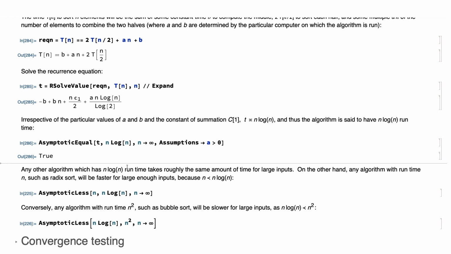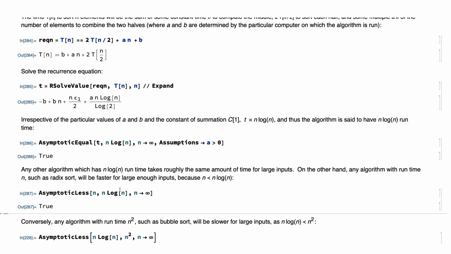So we have this recurrence equation for how long it takes to run for sorting n numbers. Our solve value can solve that for us. And so we get this, and in particular, this formula is going to be asymptotically equal to n log n.